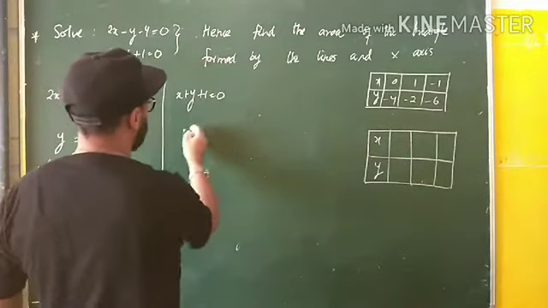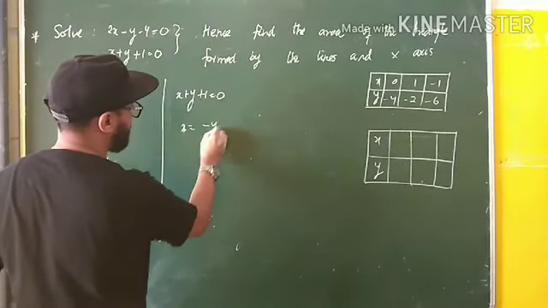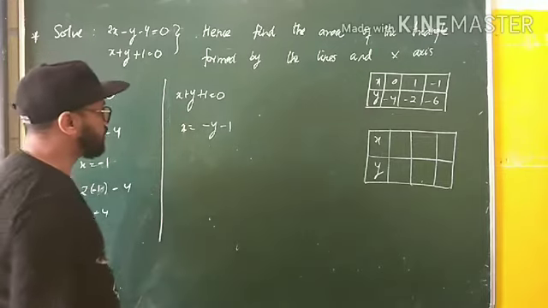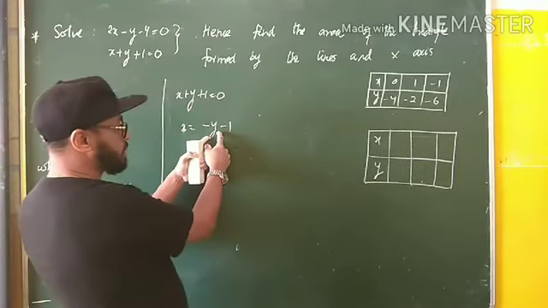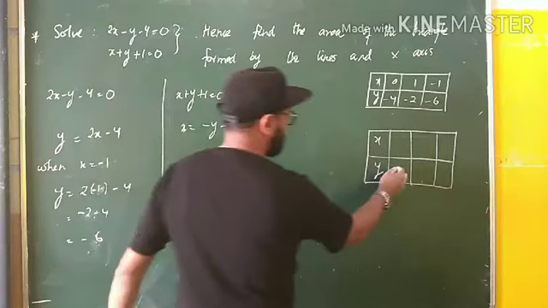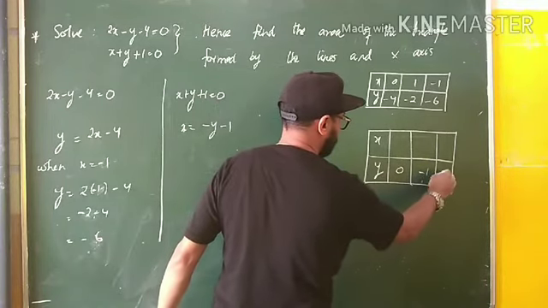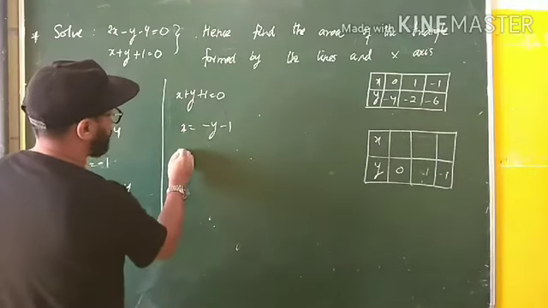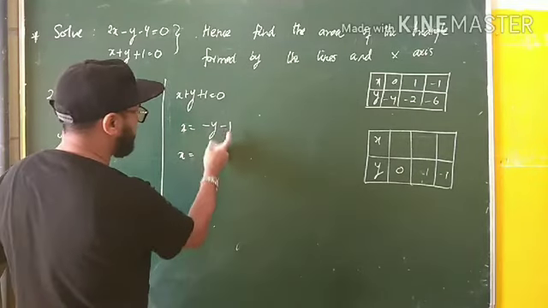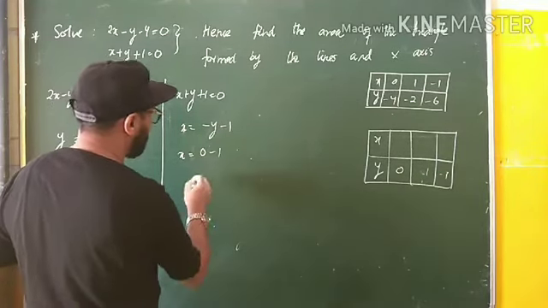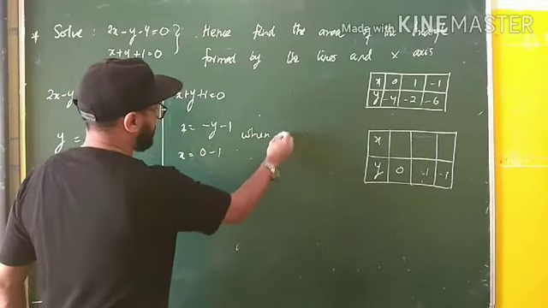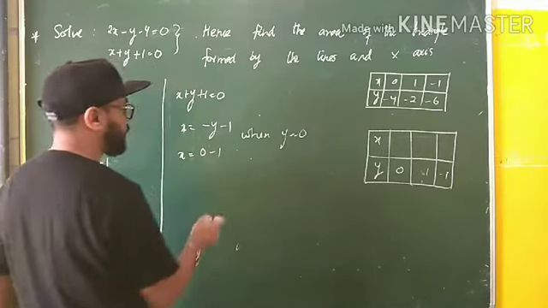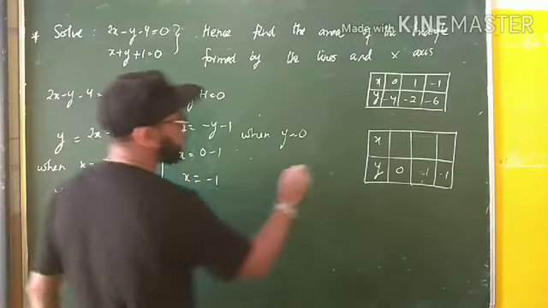Now let's check this out. So x is equal to minus 1 minus 1. Here also we don't have any term in the denominator, but the variable on the right hand side is y. So let's take minus 1 here also. If we take y as 0, then x will be minus 1.